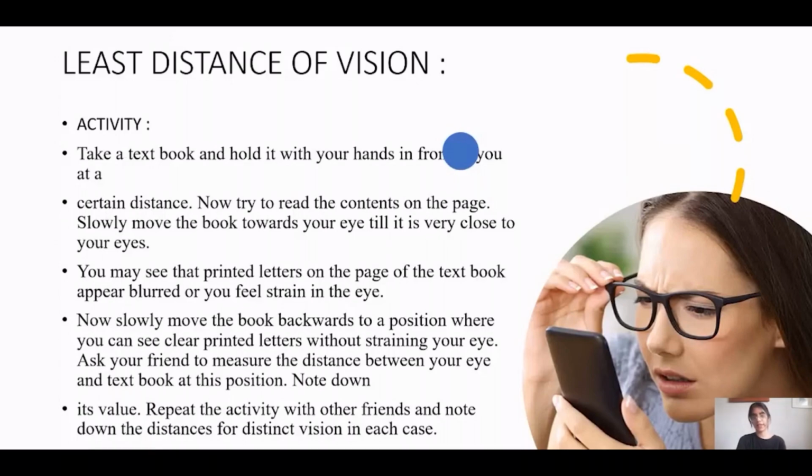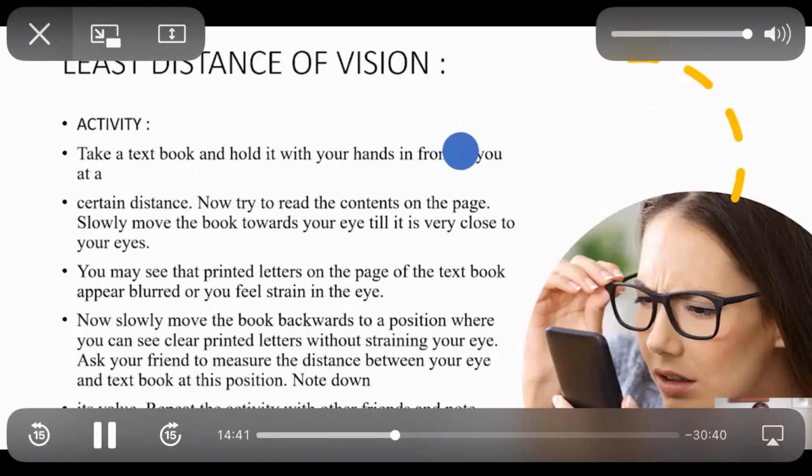So let me describe the activity to you. You take a textbook, you hold it with your hands in front of you at a certain distance, and you try and read the contents of the page. After that, you slowly start to move that book towards your eye until it is very close.